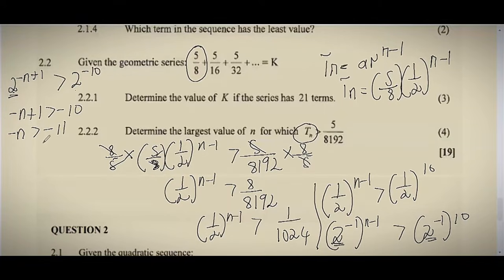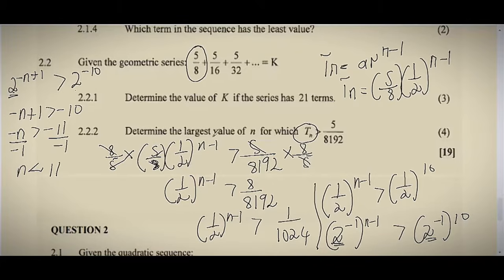So it's negative 11. But then remember, if we are to divide this by negative 1, what dividing by negative does is that it changes our sign here. So the greater than sign will now be a less than sign. So this changes the direction of the sign. So our n is less than 11.